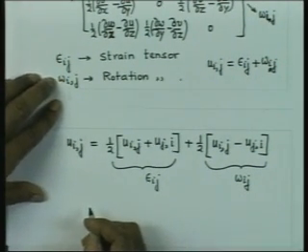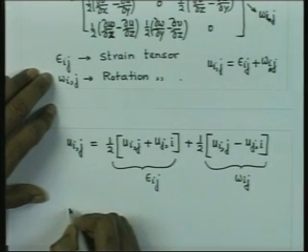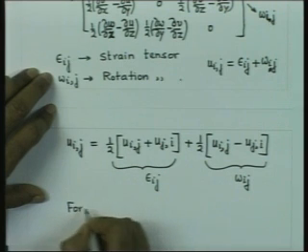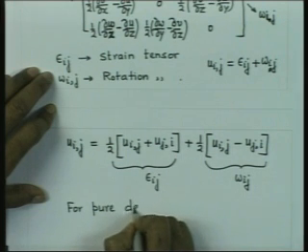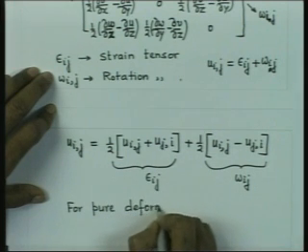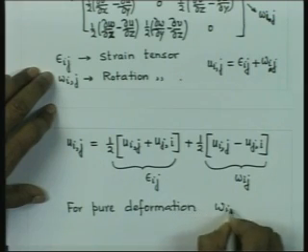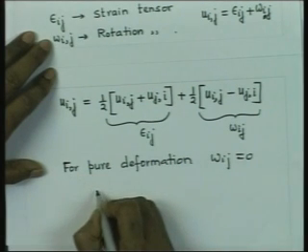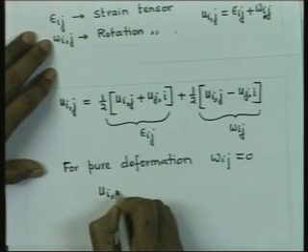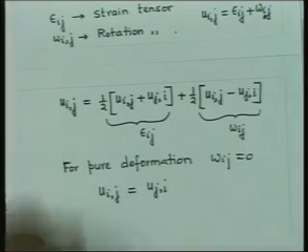For pure rotation, I am sorry, for pure deformation we will have no rotations, so wij is equal to 0, and therefore, we have Uij is equal to Uji.